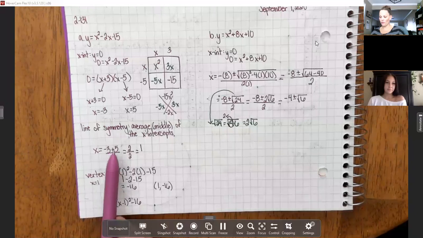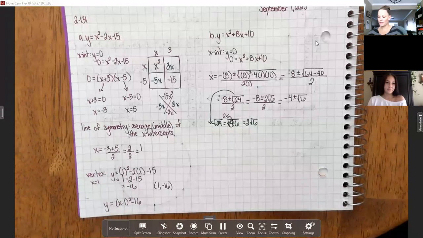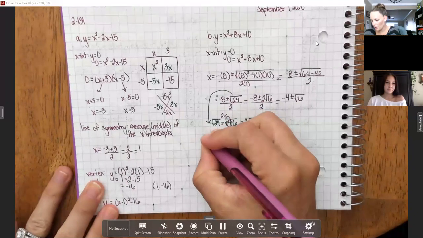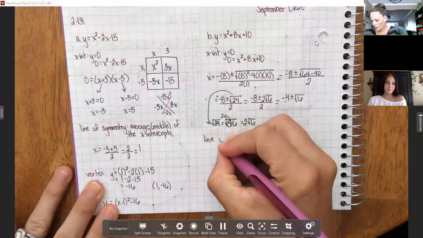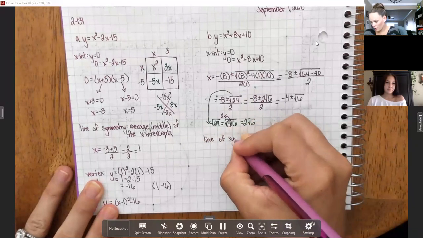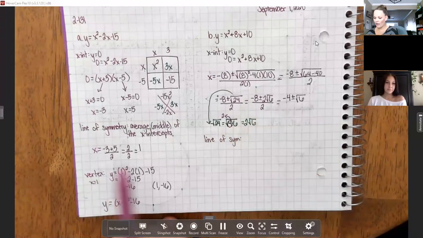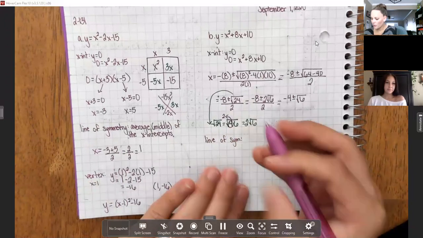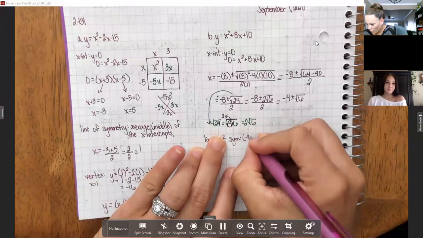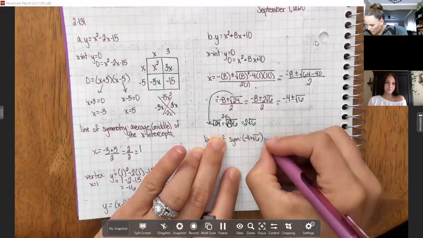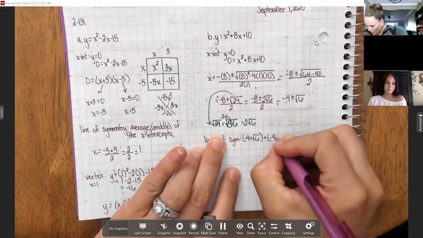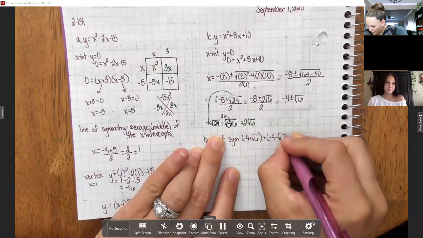So we can follow the same process to get the line of symmetry, where we average them, so we add them. We have -4 plus root 6 plus -4 minus root 6.